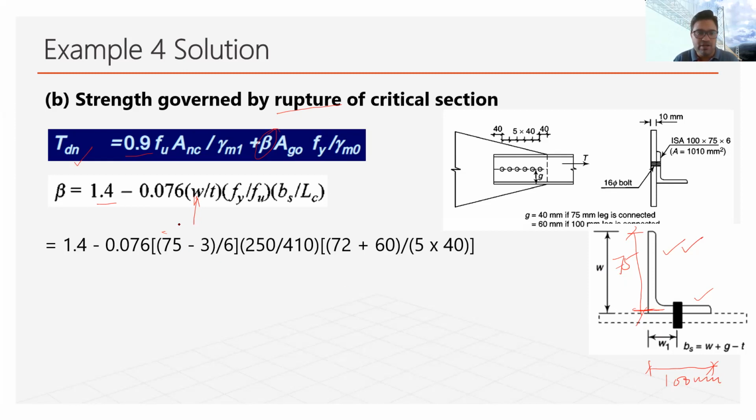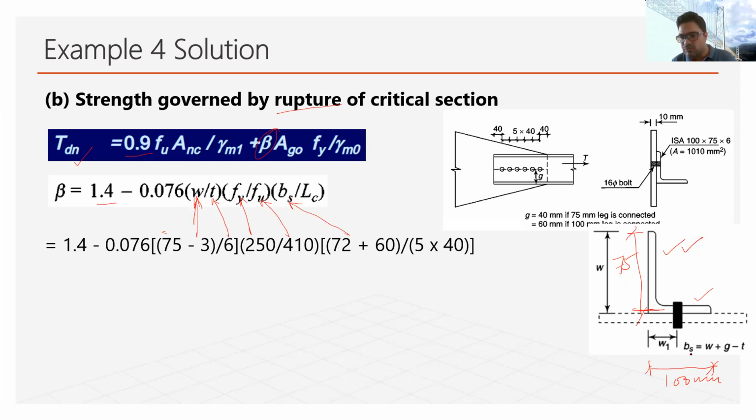This is the W value, which is 75 minus 3. T is the thickness, Fy is 250, Fu is 410.